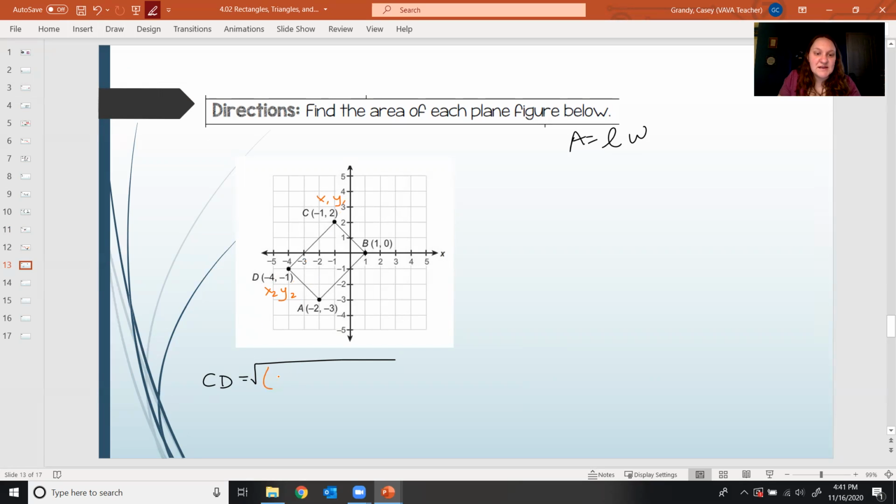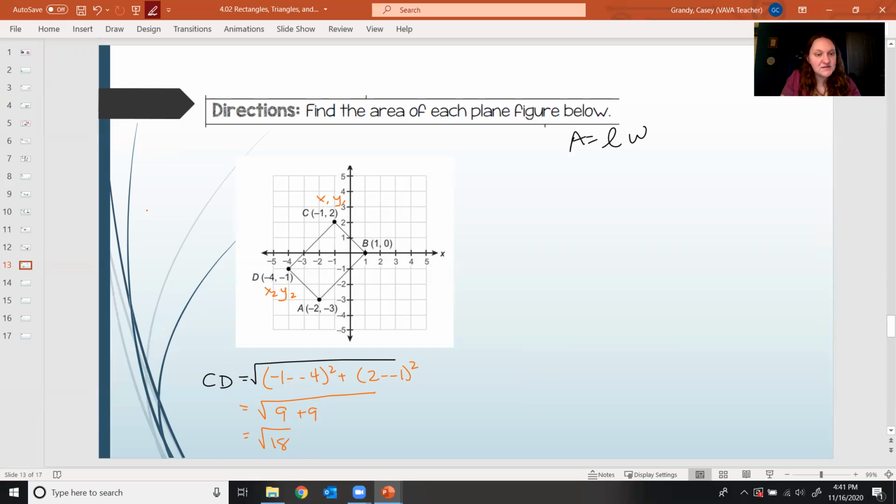So this becomes the square root of (-1 minus -4) squared plus (2 minus -1) squared. -1 minus -4 is -1 plus 4. That's 3. 3 squared is 9. 2 minus -1 is 2 plus 1. That's 3. 3 squared is 9. So this is the square root of 18.